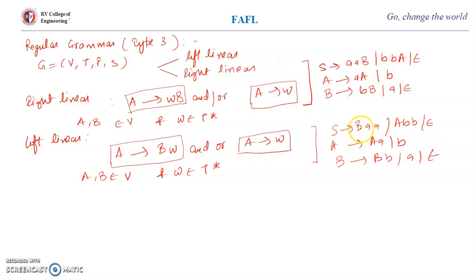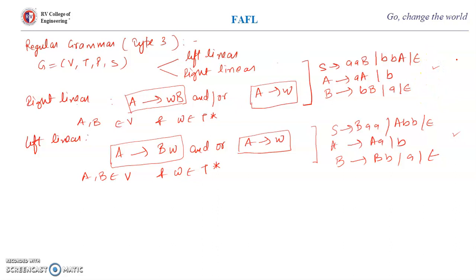You can see in all the productions, on the left hand side as well as the right hand side we have a single non-terminal, and on the right hand side of the production the non-terminal is the leftmost symbol. So we have a non-terminal followed by a set of terminals, only terminals, only epsilon, and then a non-terminal followed by a terminal, only a terminal, and epsilon. So this is the example of a left linear grammar, and the earlier one is the example of a right linear grammar.